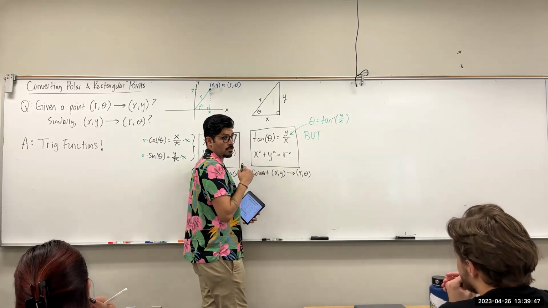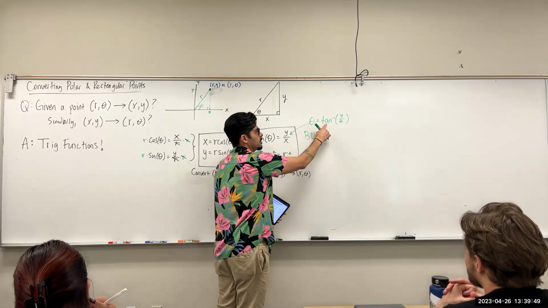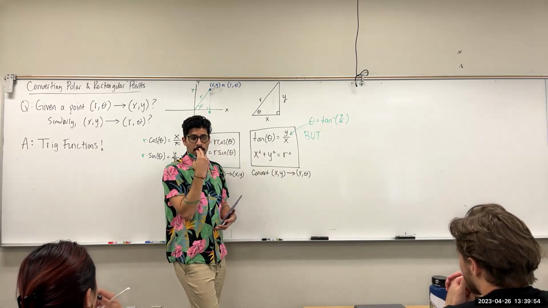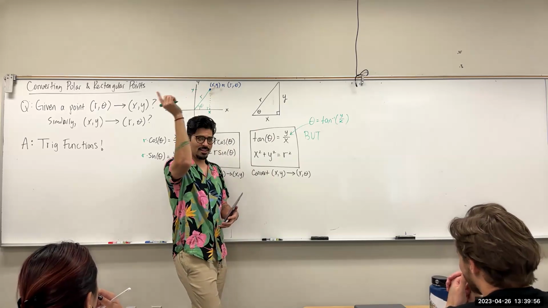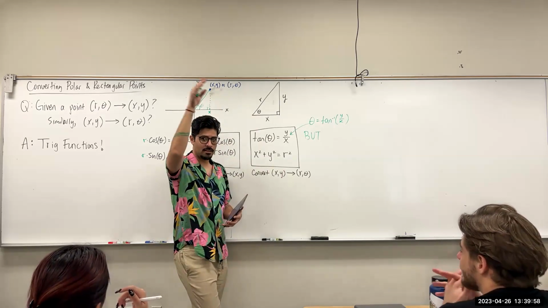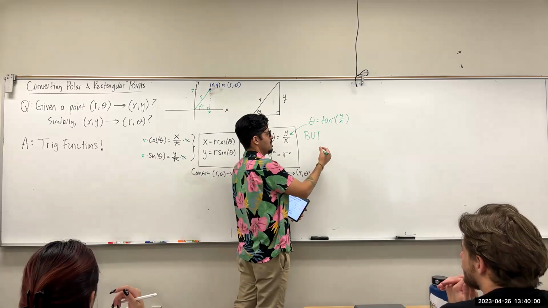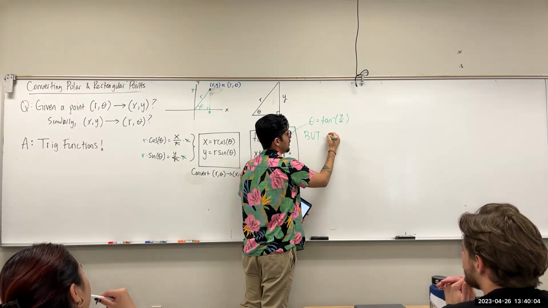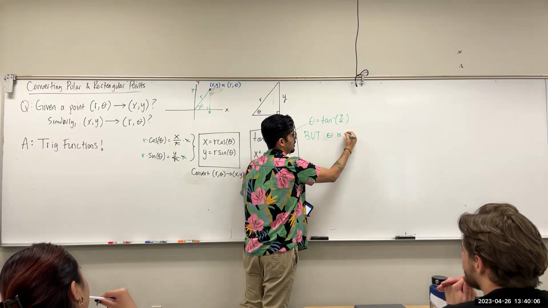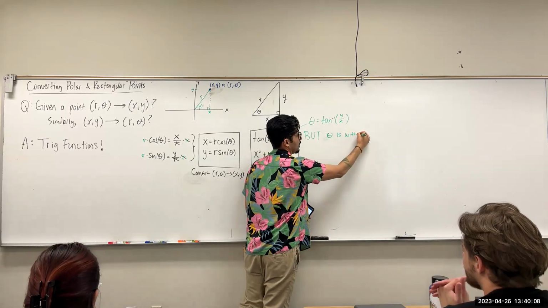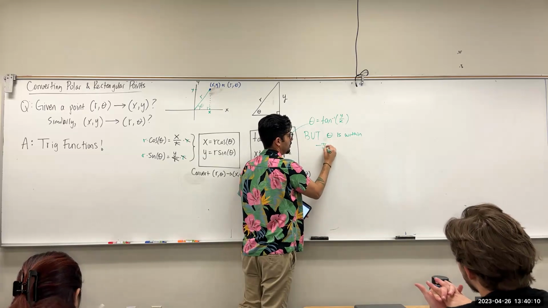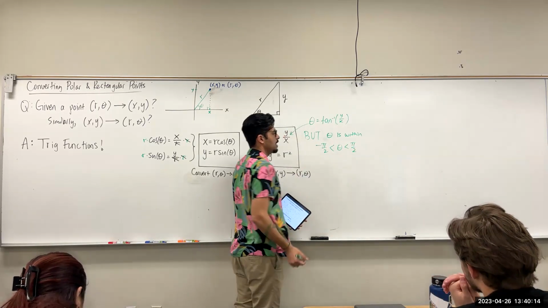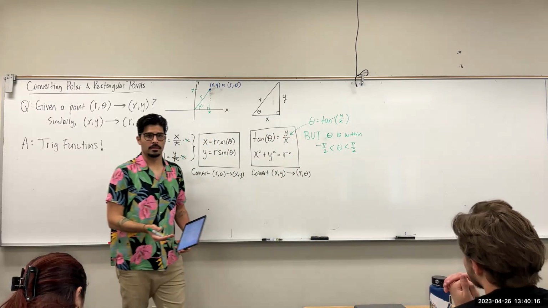But if you use inverse tangent, there was a restriction on the angles that you can consider. You guys remember the restriction? Theta had to be between negative pi over 2 and pi over 2, not including the endpoints, or negative 90 degrees to positive 90 degrees.